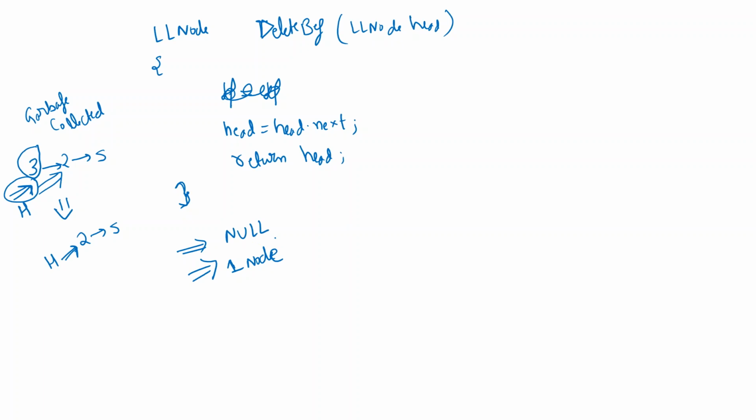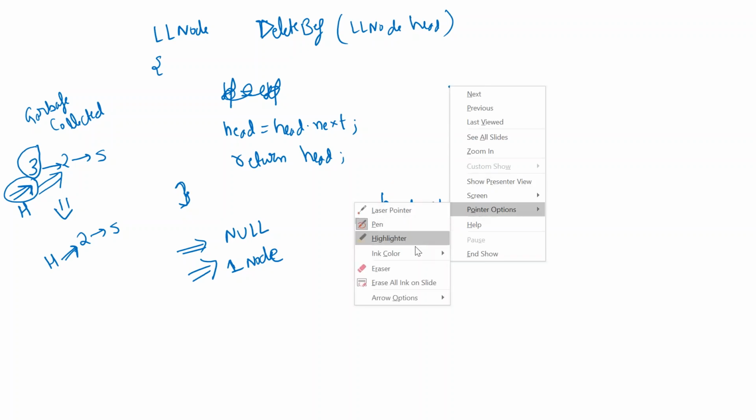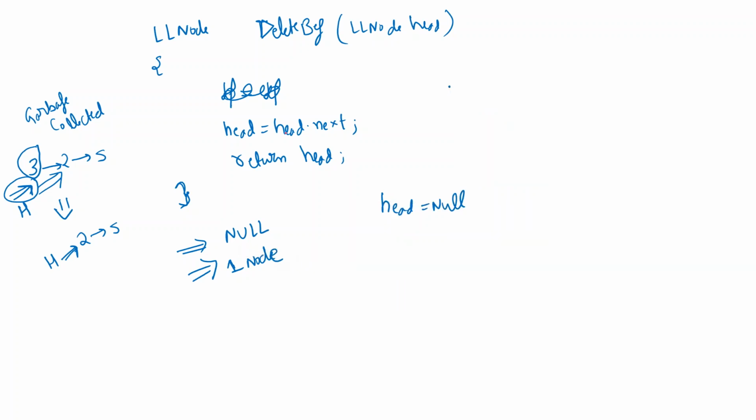So assuming your linked list is null, basically your head is null. In that scenario, your code comes over here and you are doing head is equal to head dot next. And when you do that, that means this part is null, and null dot next will throw a null pointer exception.